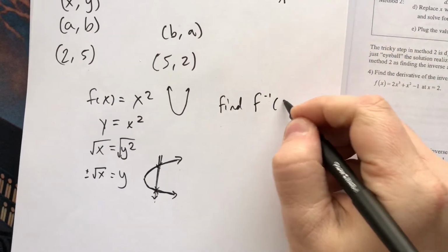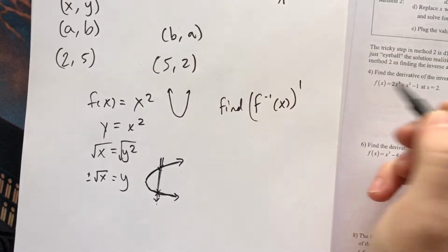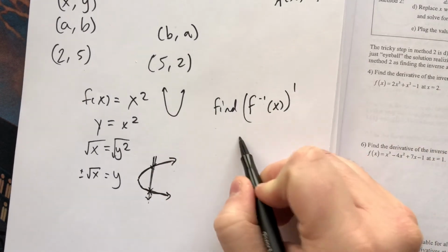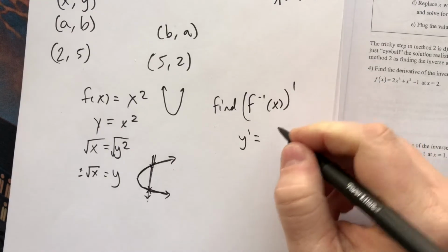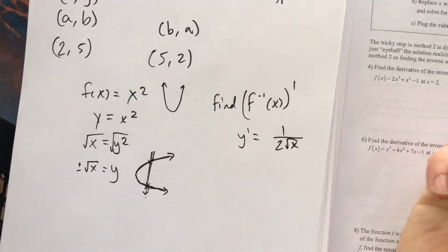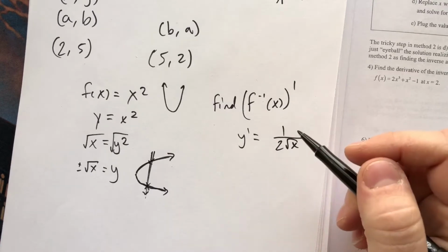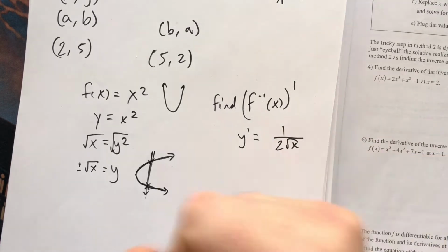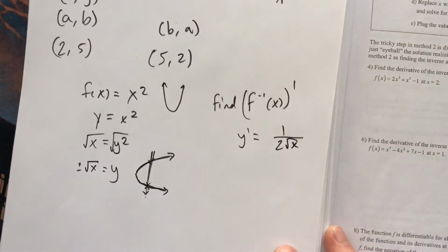So the way we do this, we just say y prime is equal to 1 over 2 root x. And you could even throw a plus or minus there, saying it's either one. So you have to take the inverse first before you find the derivative.